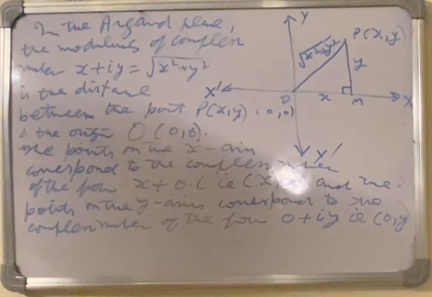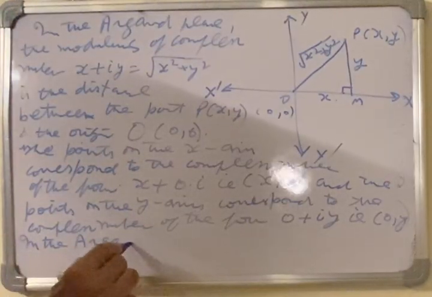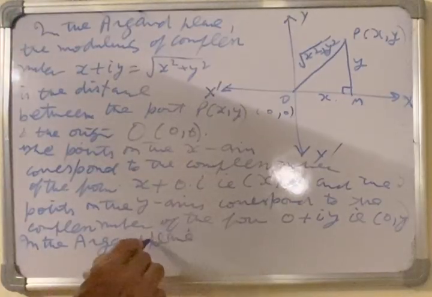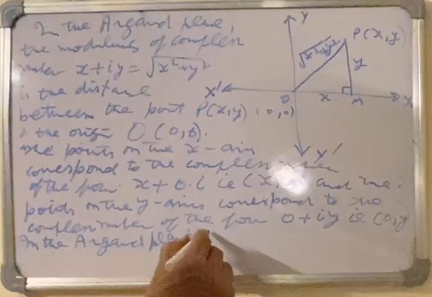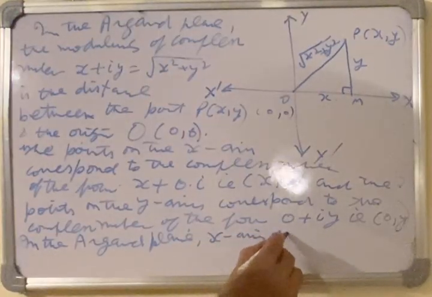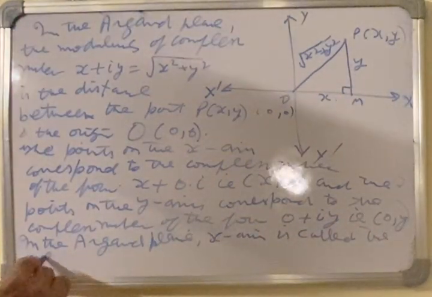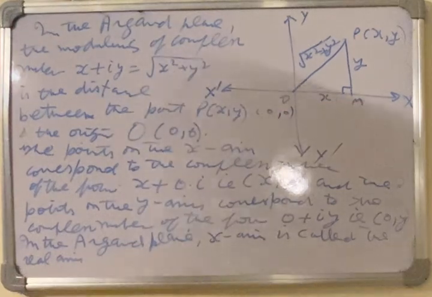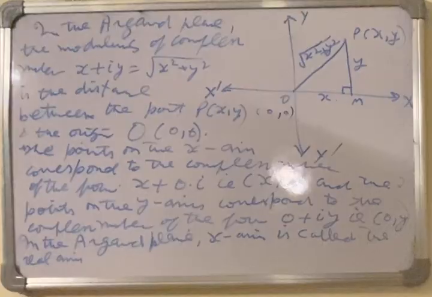In the Argand plane or complex plane, the x-axis is called the real axis. Why? Because the points of the form (x, 0) have only the real part, and the imaginary part is 0.